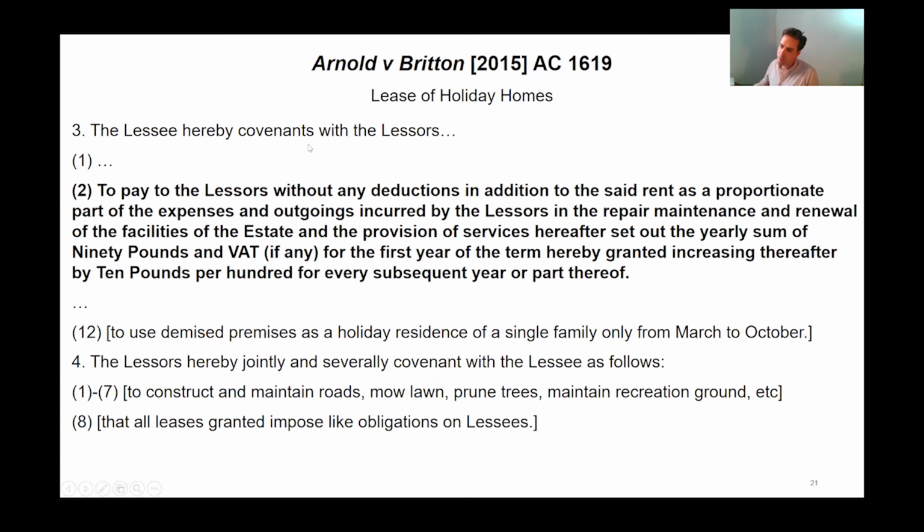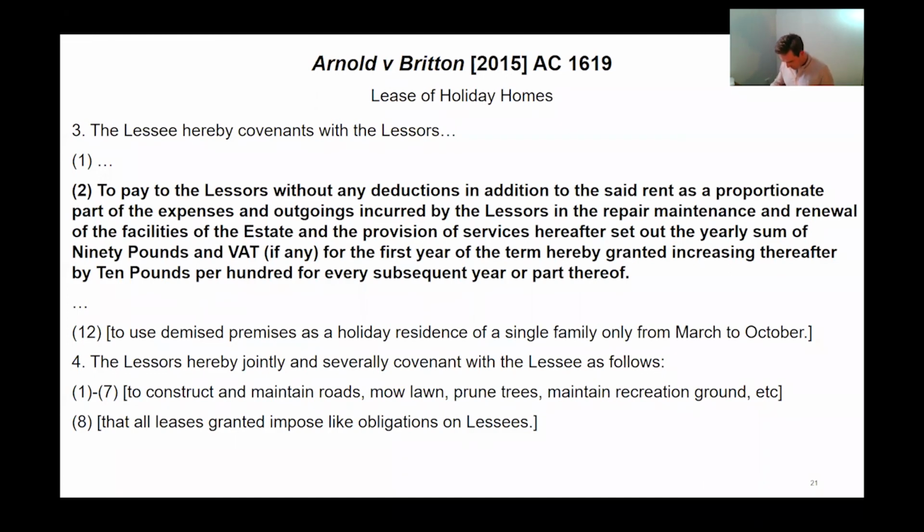The dispute arose about this clause, because under it, the lessee was obliged to pay, as a proportionate part of the expenses and outgoings, the yearly sum of £90 for the first year, increasing thereafter by 10% per annum. These leases were agreed in the 1980s or thereabouts. They're slightly different in form, but this one represents the 14 that were executed in 1980.